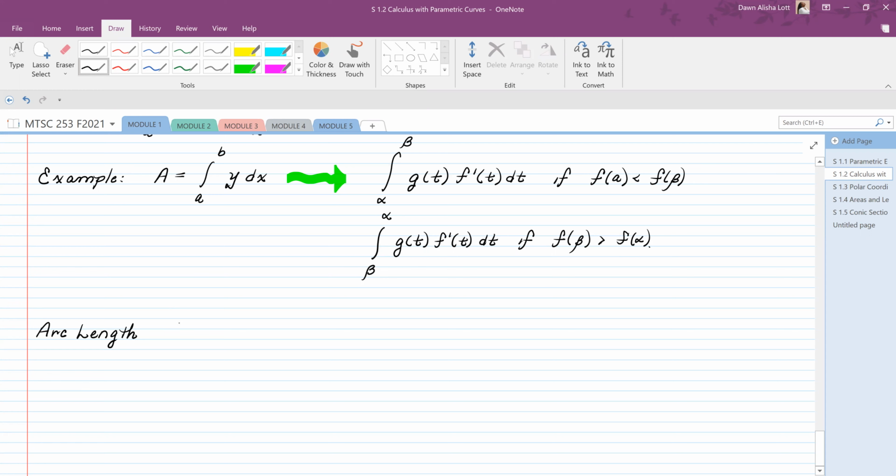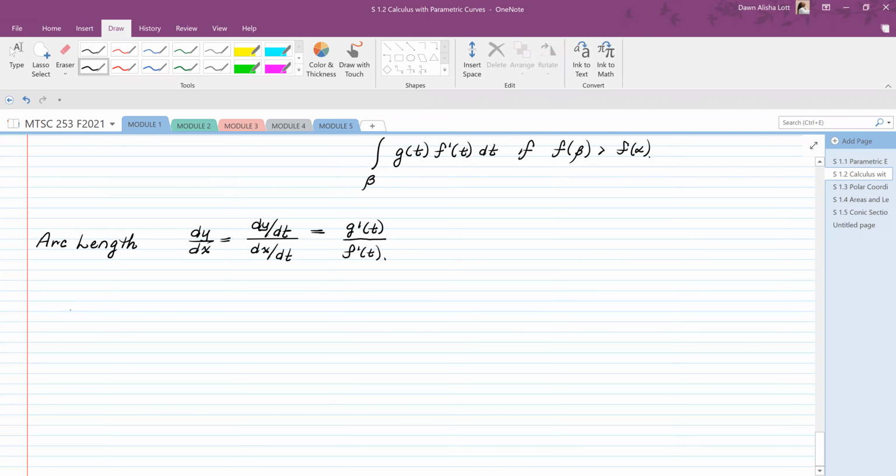So dy dx is, remember, dy dt over top of dx dt. But that's just g prime divided by f prime.